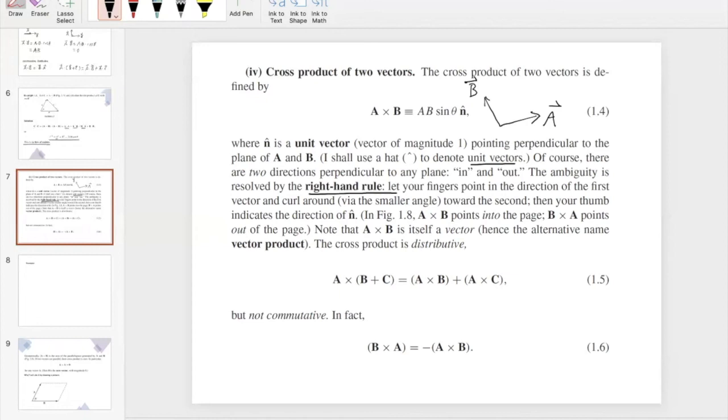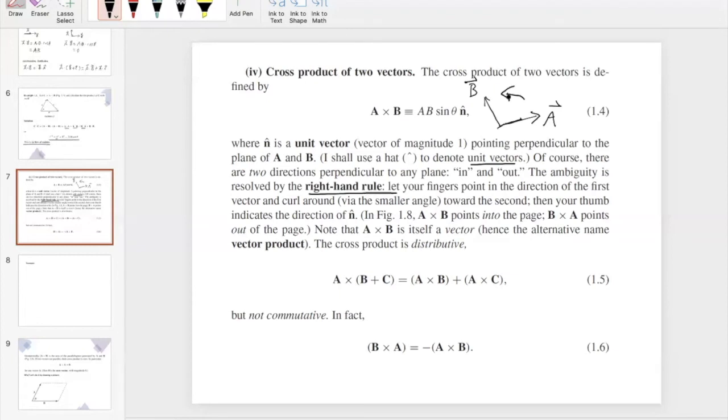First you point your fingers in the direction of A, and then you curl your fingers towards the direction of B. Finally you figure out your thumb points out of the page. Okay, this is one example.